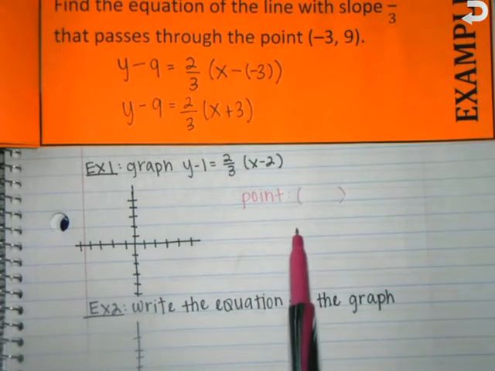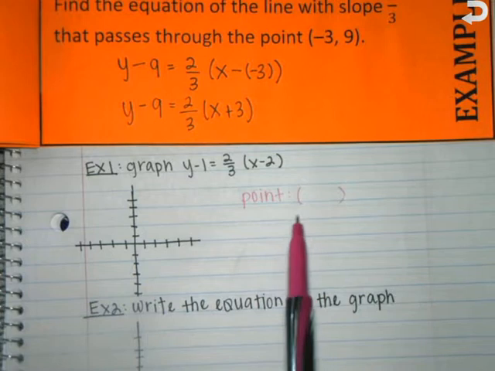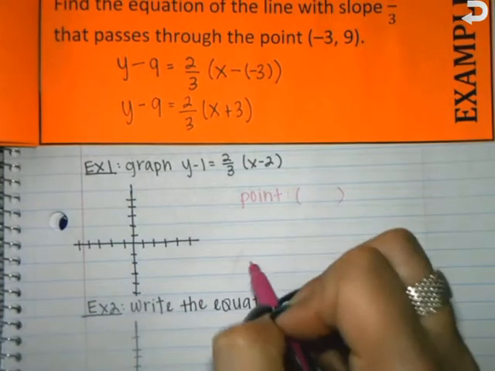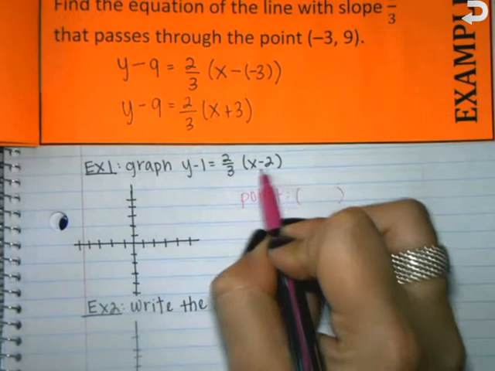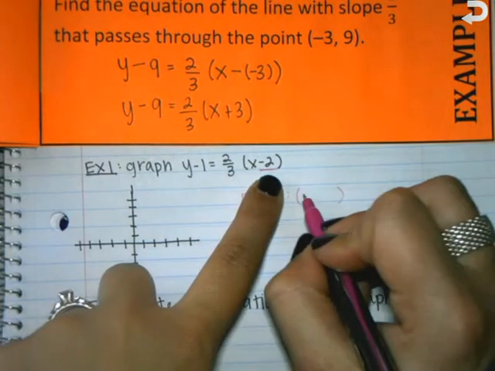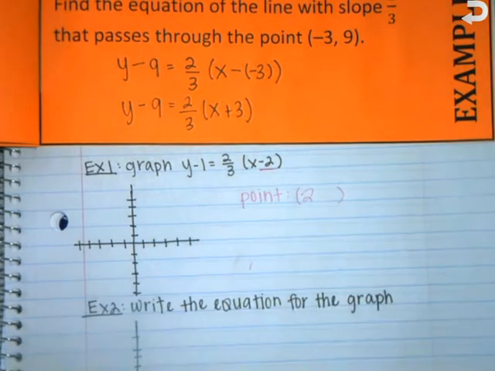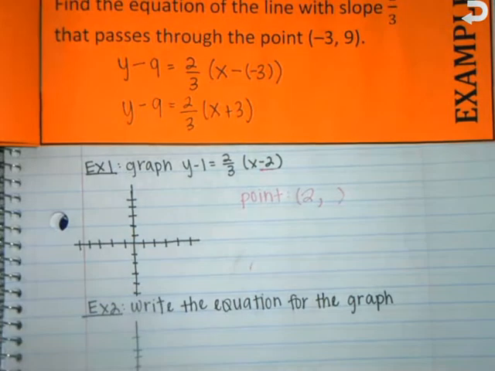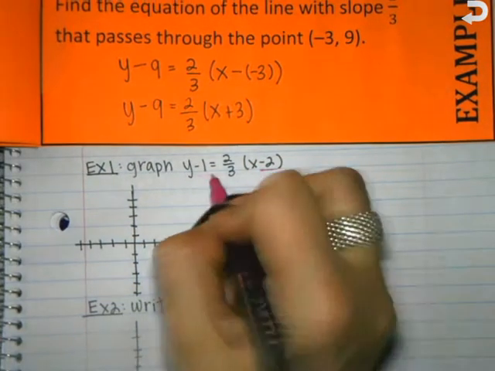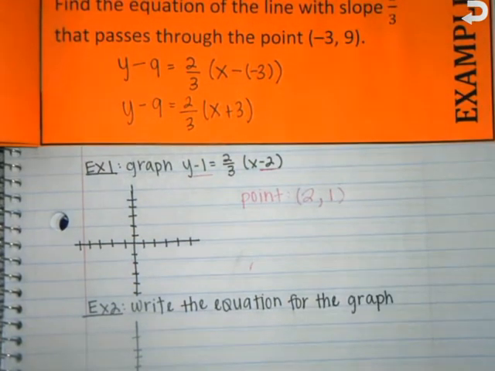What is the x-coordinate of the point? 2. Even though it says -2, the x-coordinate is going to be +2. What's the y-coordinate? Positive 1.